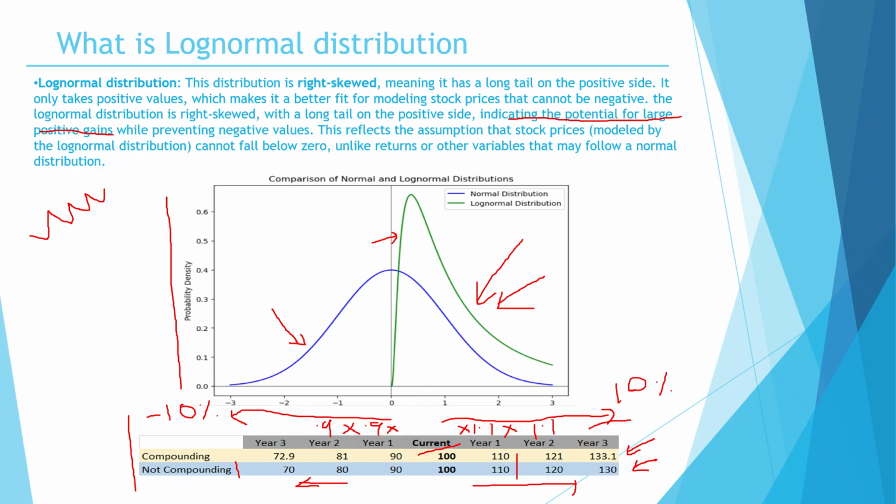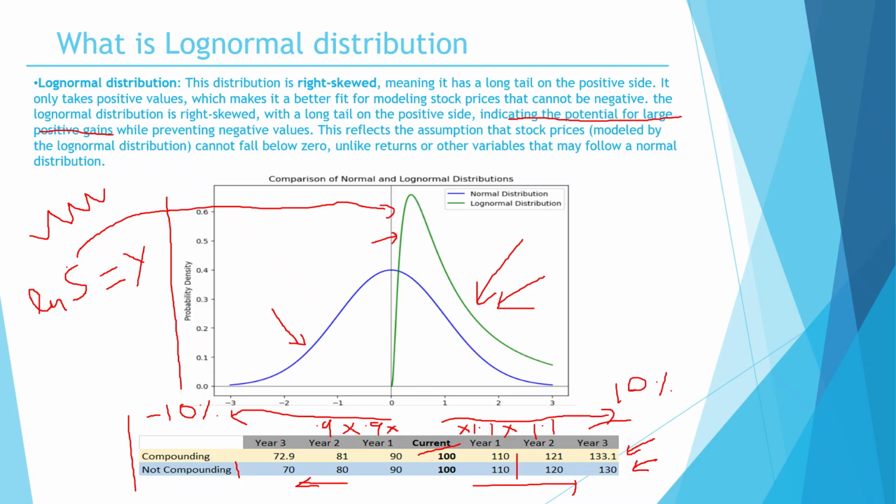Now, the second property. Let's suppose the stock prices follow the log normal distribution. And if I take the log of the stock prices, ln of S, the resultant is equal to y. So I have already explained to you that S is following the log normal distribution.